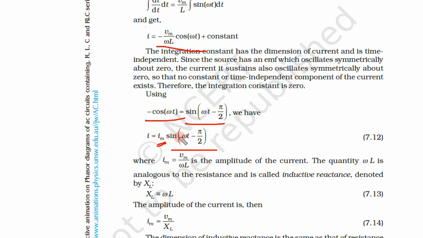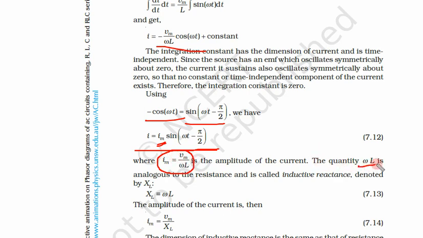Here Im is equal to V upon omega L, which is the amplitude of current. Again this is maximum current.